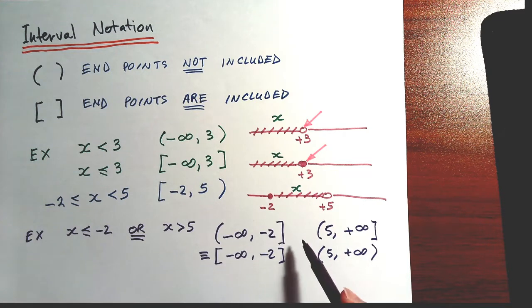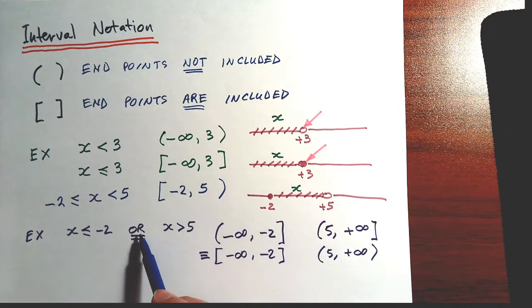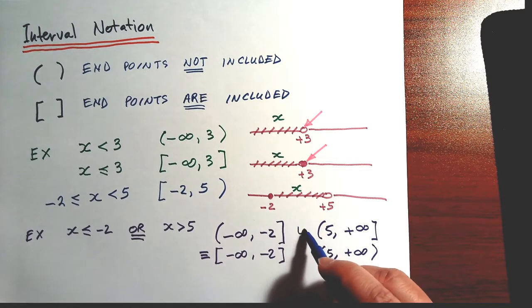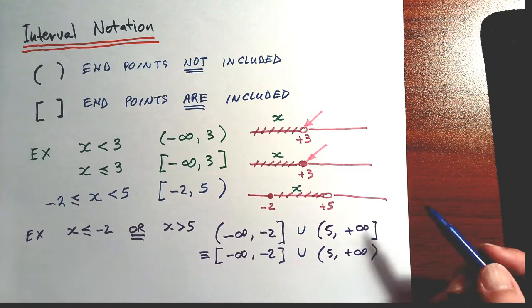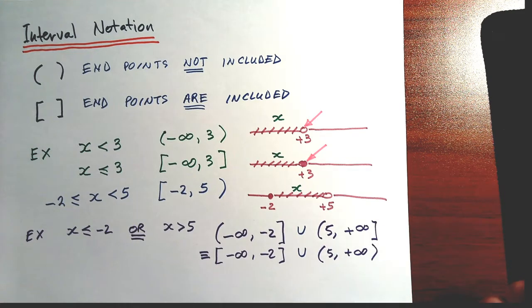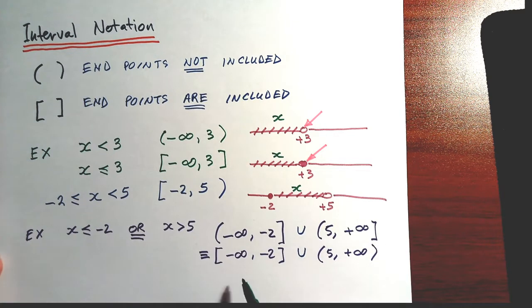And here what we do is, when you have or, you union the set. So you union the set. So this is set notation. And the set would look like this on the number line. I'll draw it here.